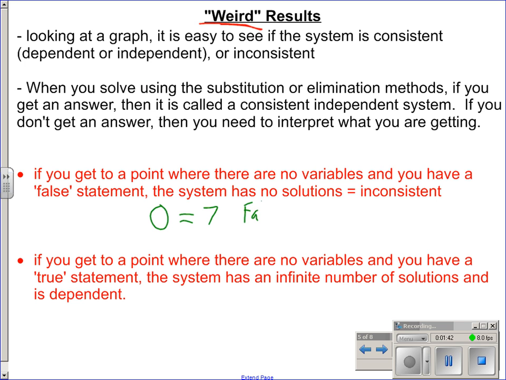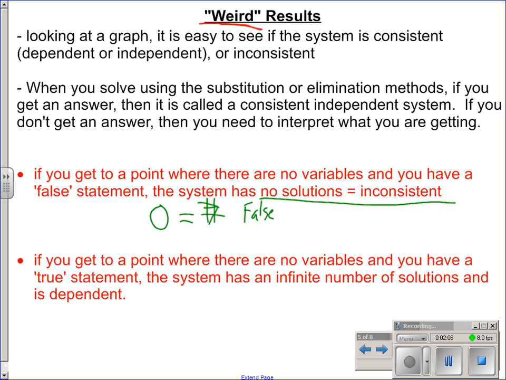This is false. When that happens, no solutions, it is an inconsistent system. You're just getting a false statement. It's going to be 0 equals some other number where it's a false statement. That's a weird result. This is what it means. It's an inconsistent system, no solutions.